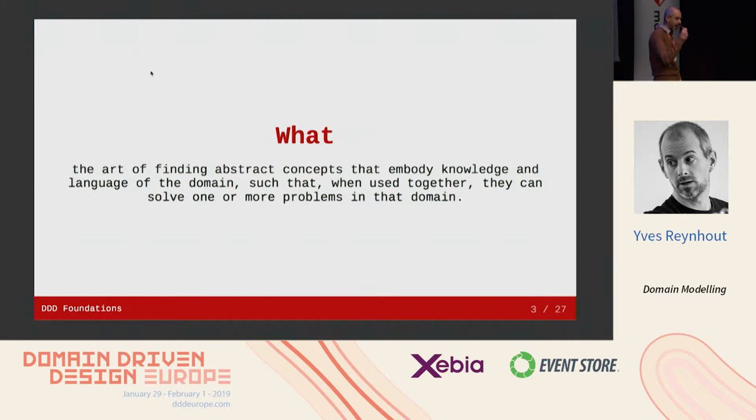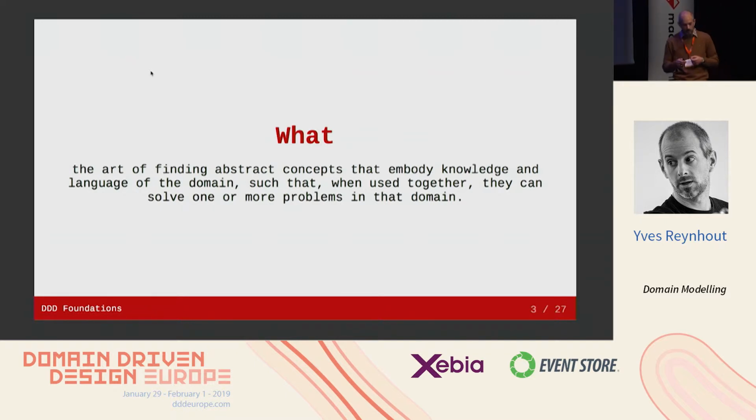But it is very much an act. It's something you do continuously, not static. And when you find these concepts, you put them together in such a way that you're able to solve one or more problems that are present in that particular domain.